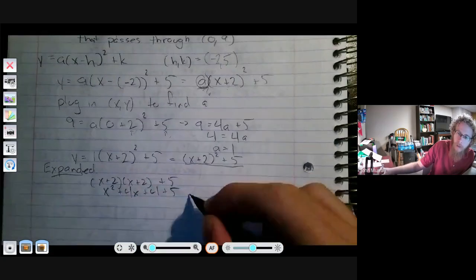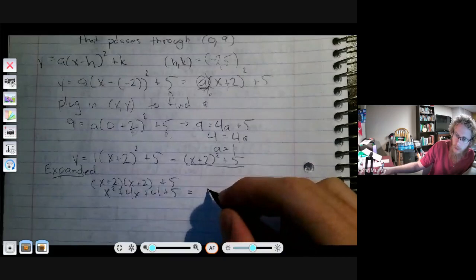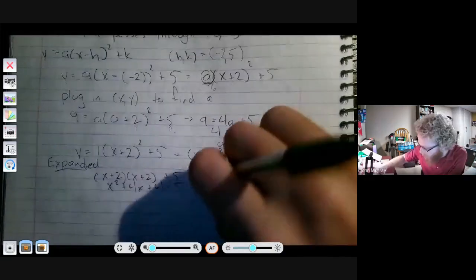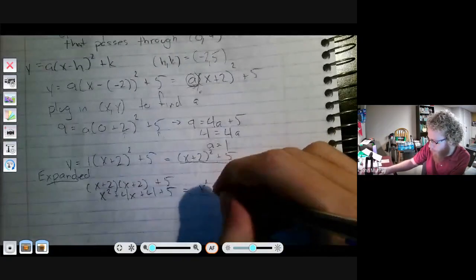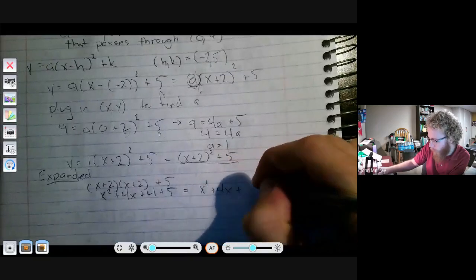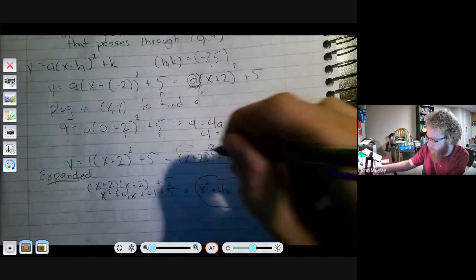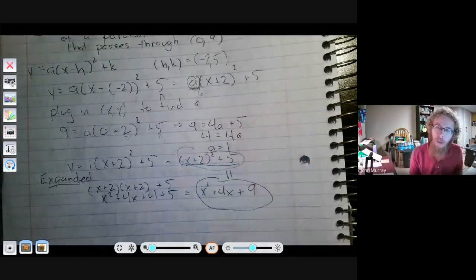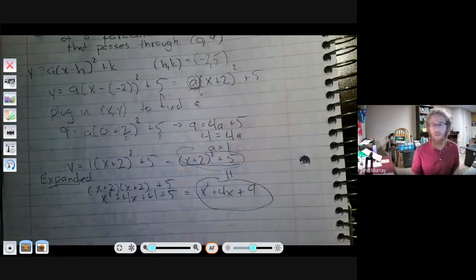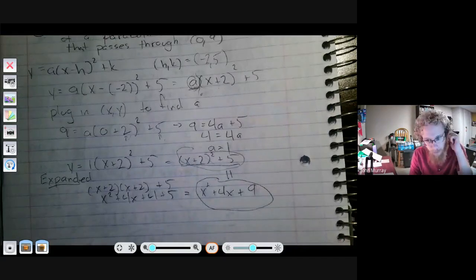And then we add 5. Oops, I don't need parentheses. So we have x squared plus 4x plus 9. Right? And those two are equivalent expressions. They are equal to each other. Any questions there?